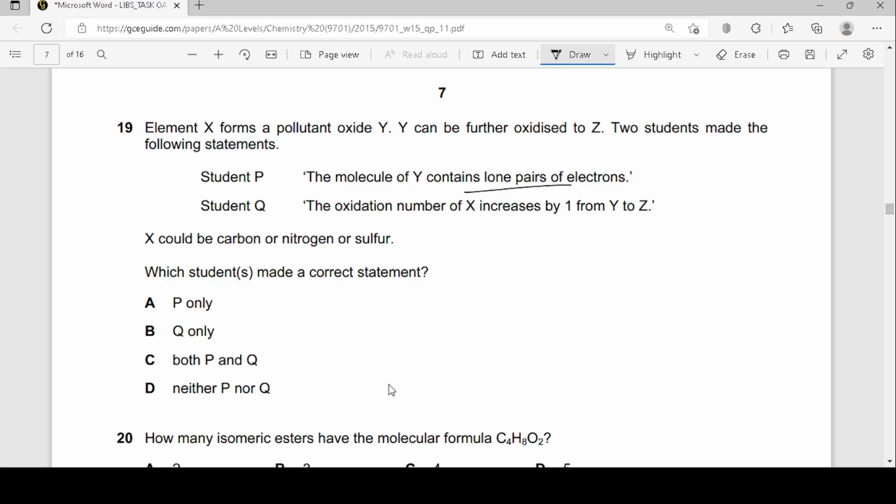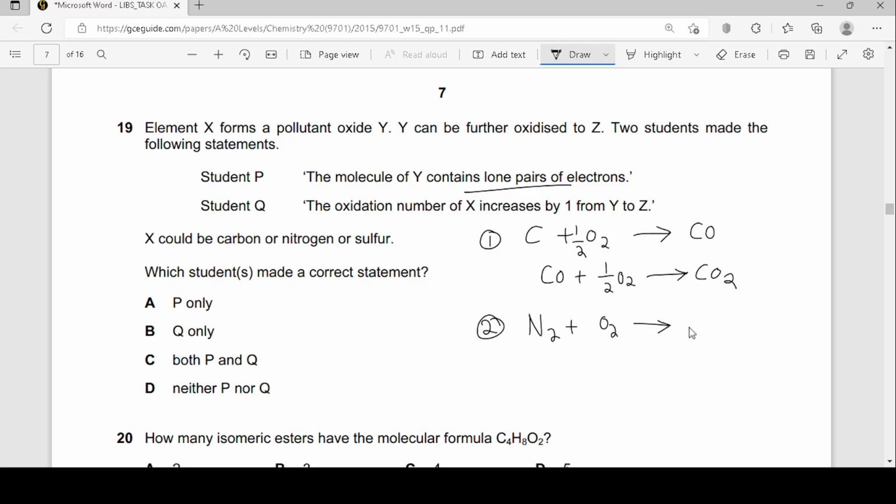Well, let me draw it out. It could be carbon or nitrogen or sulfur. So if I have the oxide Y, for example, I'm starting with carbon. So carbon plus oxygen gives me carbon monoxide firstly, which is further oxidized to carbon dioxide. That's my first one. Then second, if I consider nitrogen, I have N2 plus O2 giving nitrogen monoxide.